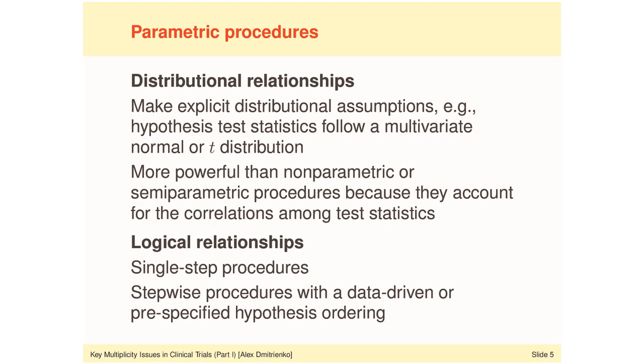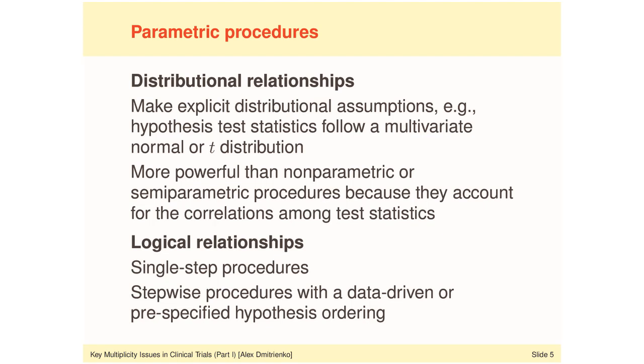So now let me contrast non-parametric and semi-parametric procedures with the class of parametric procedures we're going to study in this module. Parametric procedures make explicit distributional assumptions. For example, the underlying decision rules may be based on the fact that the hypothesis test statistics in the multiplicity problem of interest follow a multivariate normal distribution or, for example, a multivariate t-distribution.